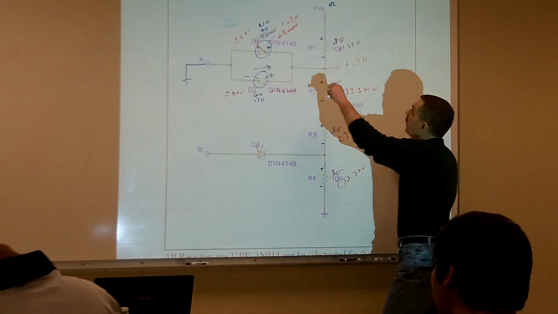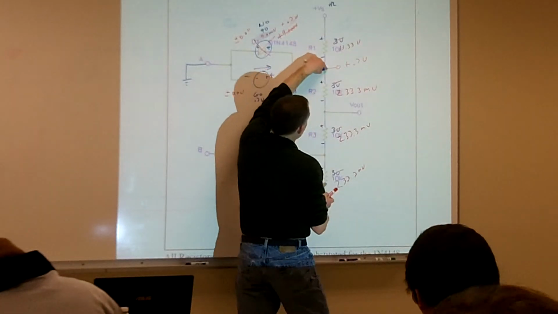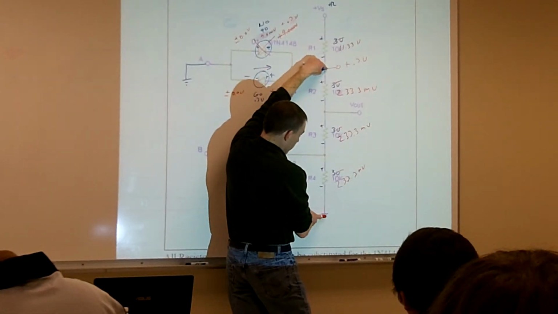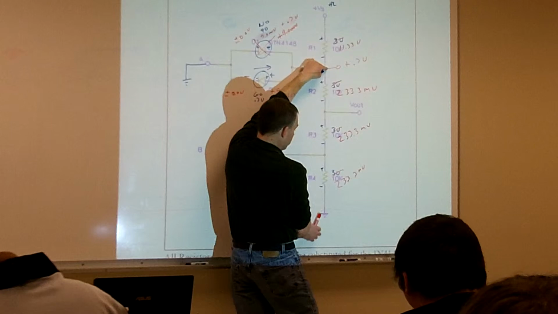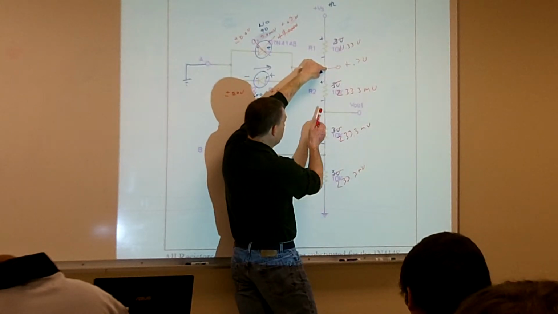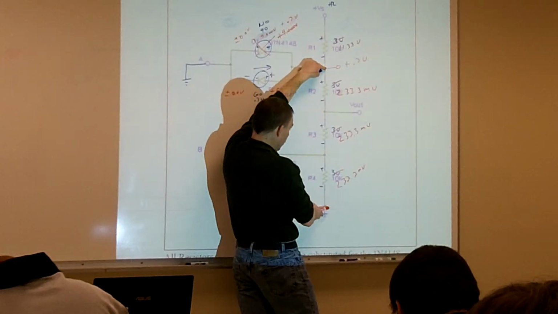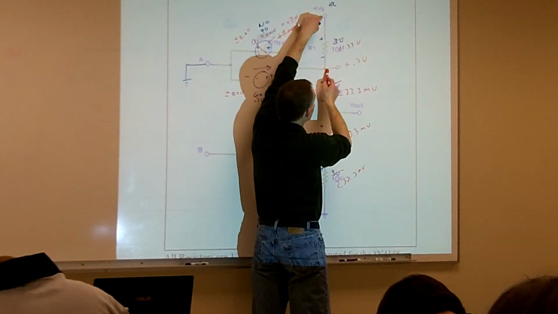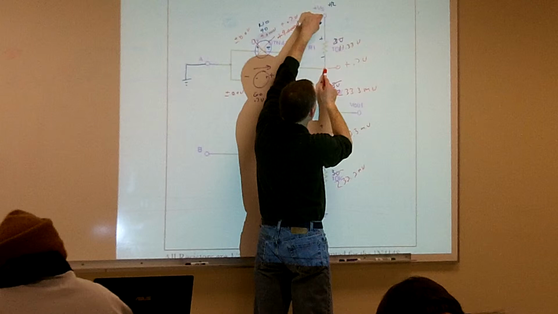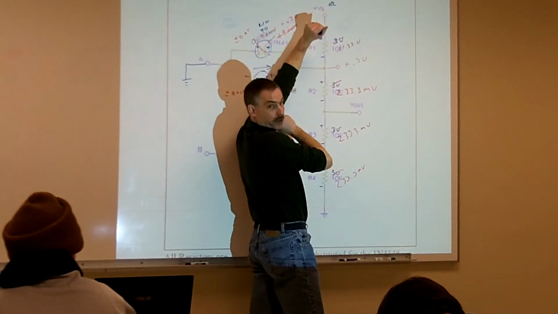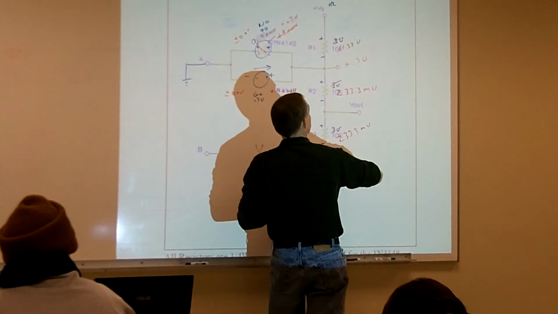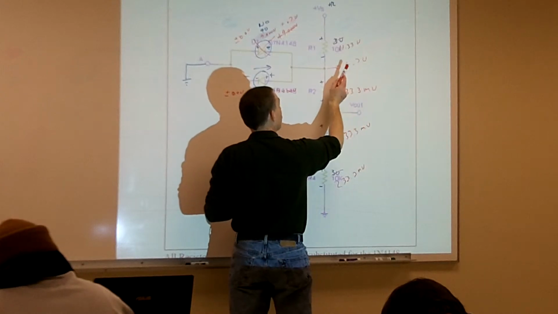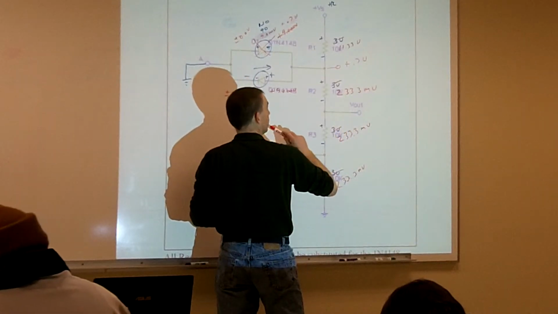We know that we have a positive 7 here, and my point of reference is here, so we know these polarities are correct and still stay the same. The positive 0.7 volts is more negative than my positive 12 volts. We know the voltage drop across it is 11.3 volts, and this test point is positive 0.7 volts.